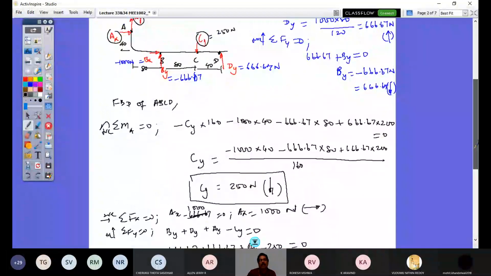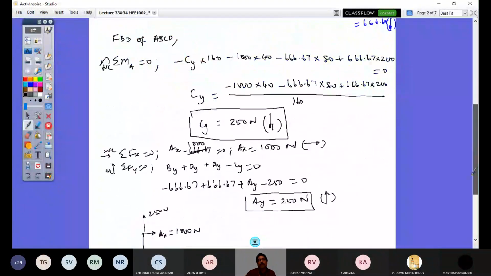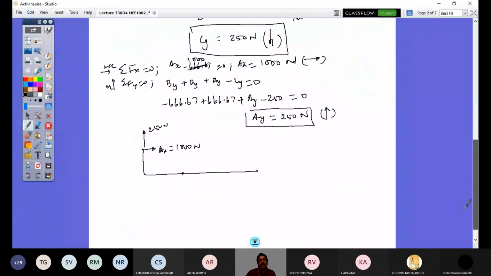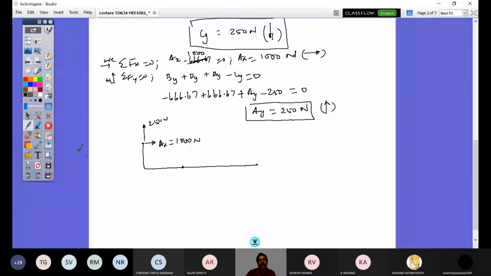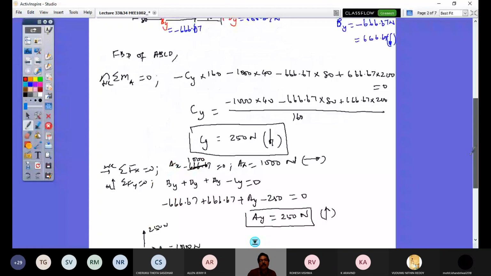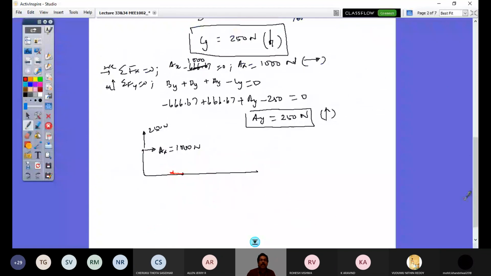And the By value you had was a negative value, which means it is downward. So this is Bx and By in this direction. This is By. So the By value you had was 666.67 Newton, and the Bx value you had was 1000 Newton.